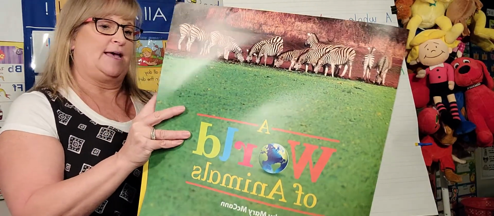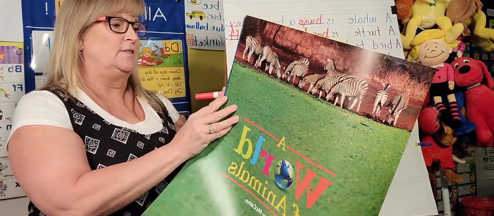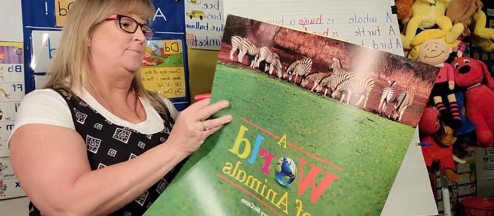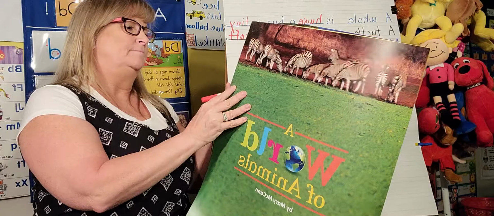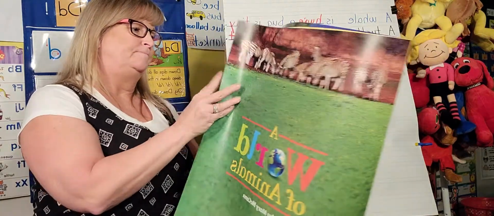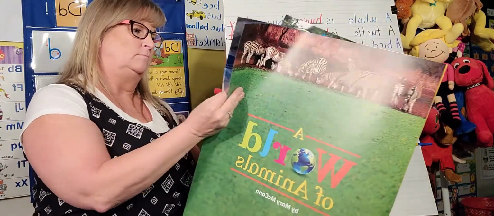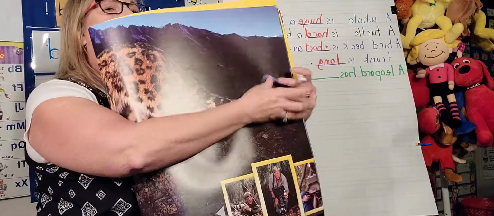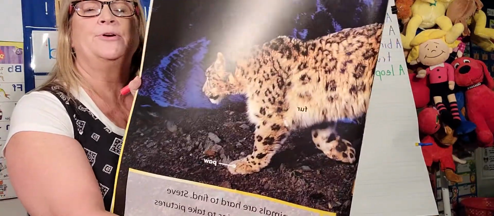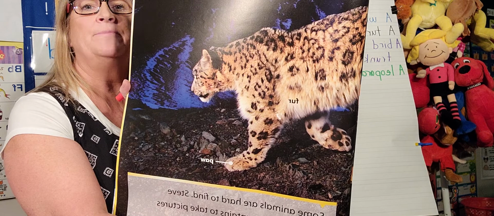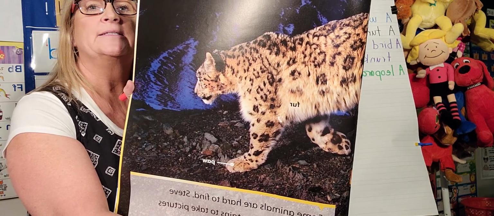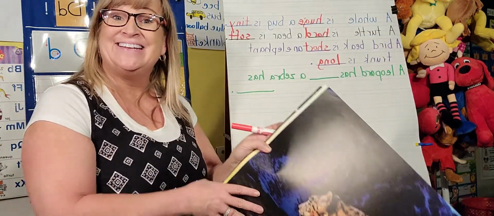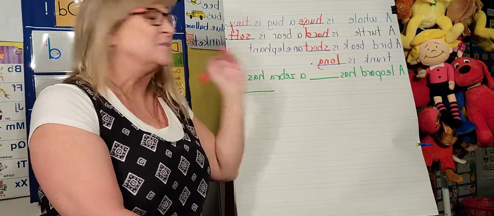A leopard has, let's look at the leopard on its regular page. Okay, here's the leopard. A leopard has spots, right? Those little round things, we usually just call them spots.